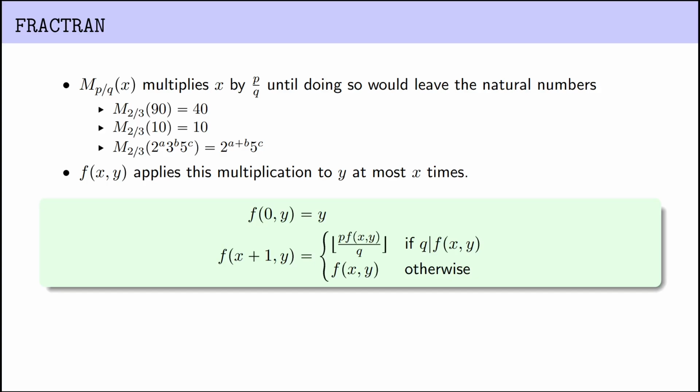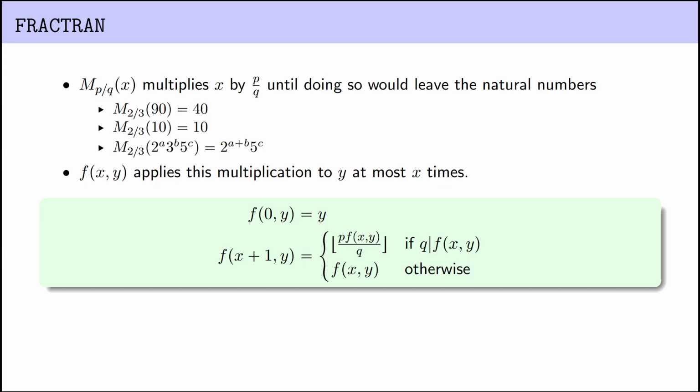On the other hand, for x plus 1, we look at f of xy and then apply our multiply by p over q and round down function if q divides f of xy. If we can multiply by another p over q because there's a factor of q in there, then we do so. In this case, there won't actually be any rounding down, right?